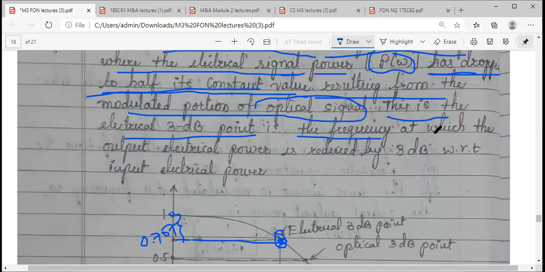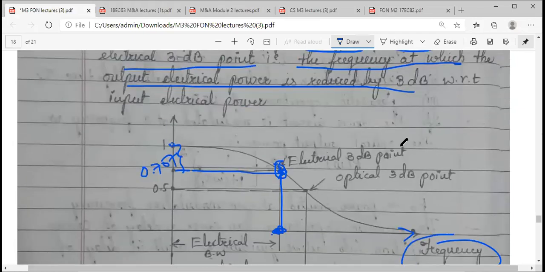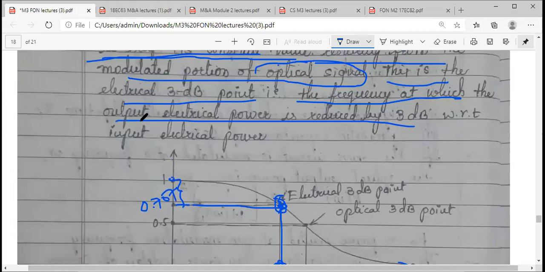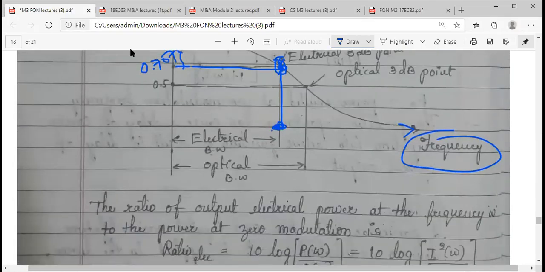That is the frequency at which the output electrical power is reduced by 3 dB. What is this point? It is that frequency point, because the horizontal axis gives you the frequency. So this is about the electrical bandwidth.